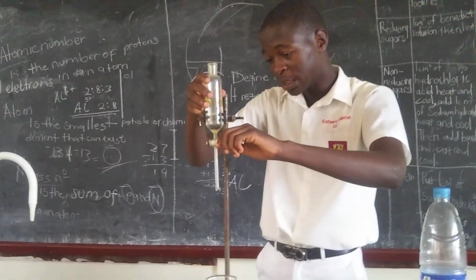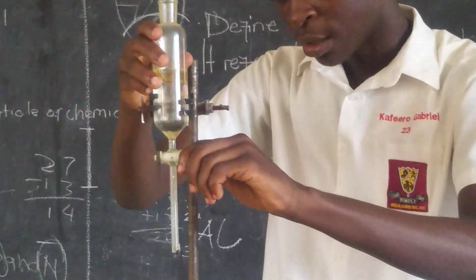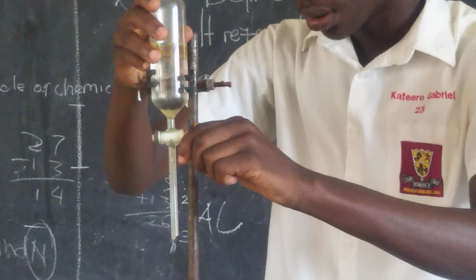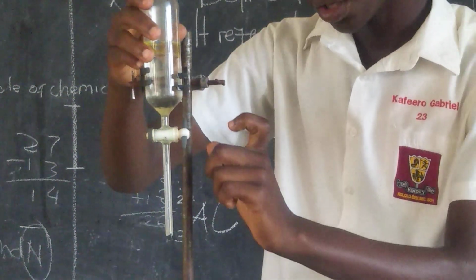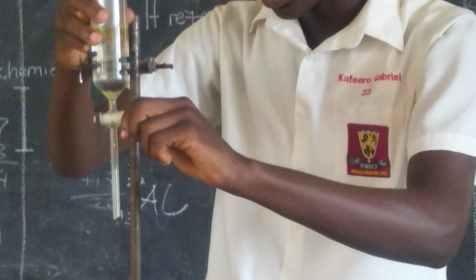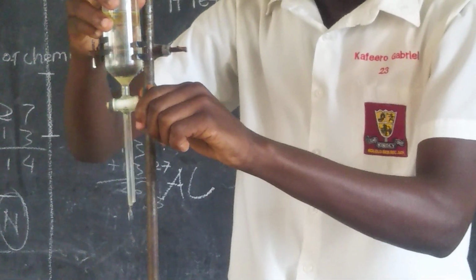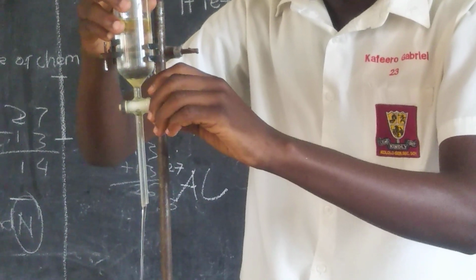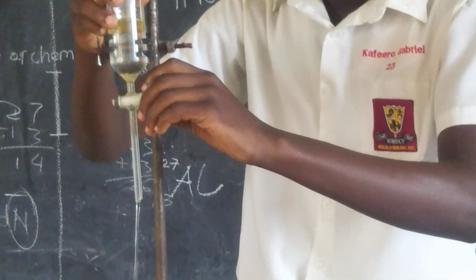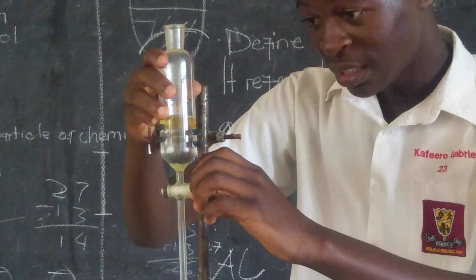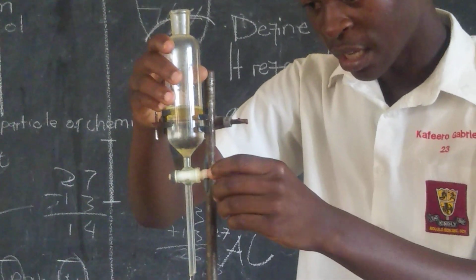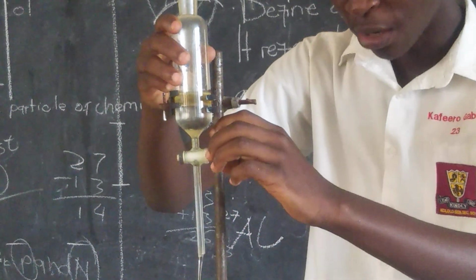Yeah, so as you see what I'm doing, I will tilt it a little, not until the small hole formed on this tap is equal to the hole of the separating funnel. So when I separate it, that's how it will be. As the water is passing through, you can see this cooking oil is still there, but it's moving. So meaning that this water is the one moving out.